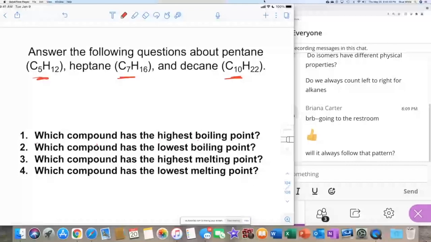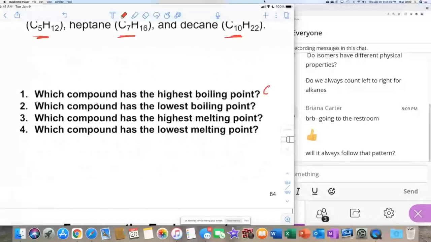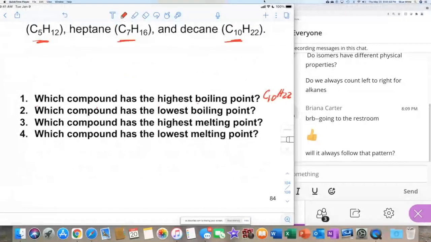It's going to be C10H22. Okay? That one. Because there's more electrons in there, so it's going to take a lot more to boil it. Which compound has the lowest boiling point? The one with the least carbon, C5H12.